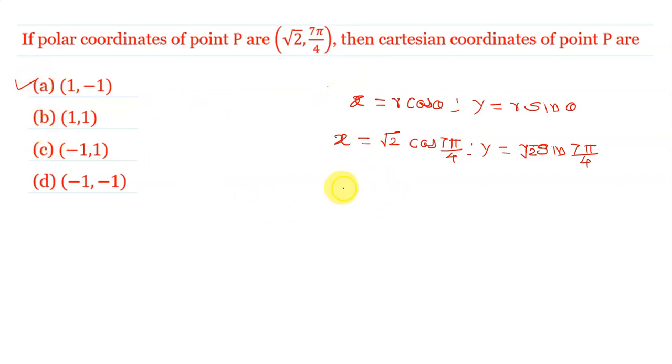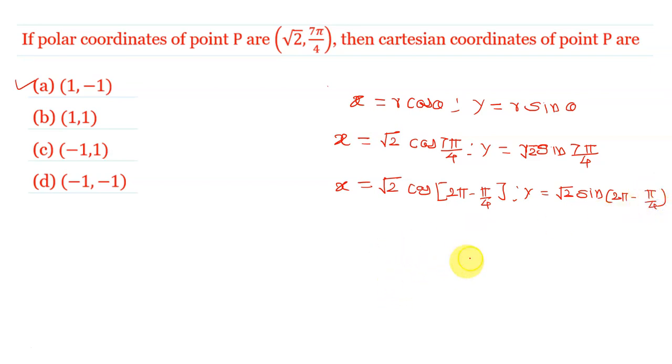But instead of doing that, we will write x is equal to root 2 cos of 2 pi minus pi by 4, and y is equal to root 2 sine of 2 pi minus pi by 4.